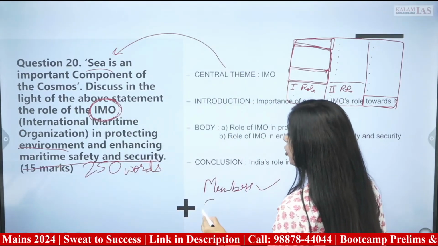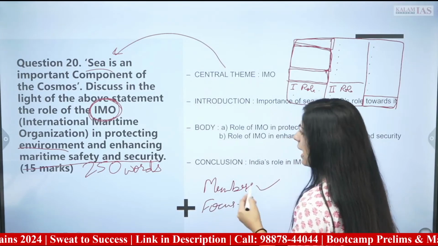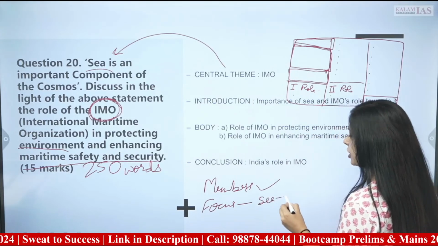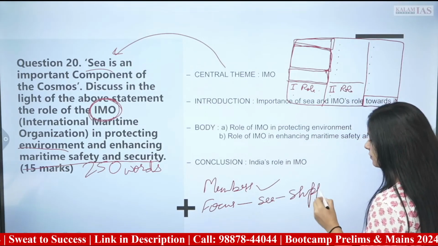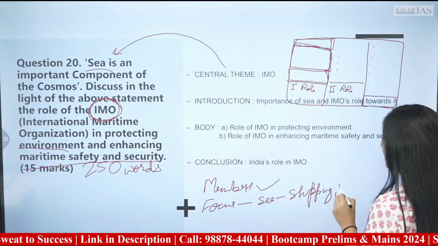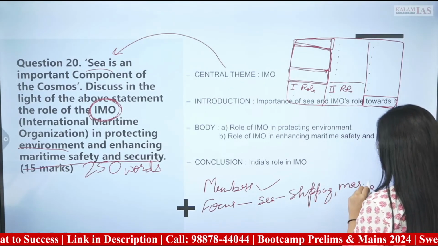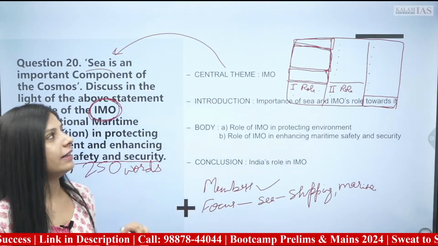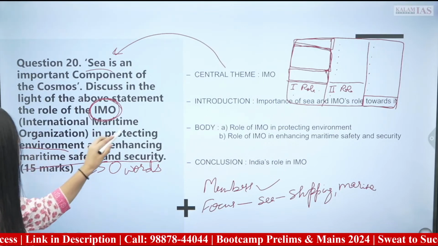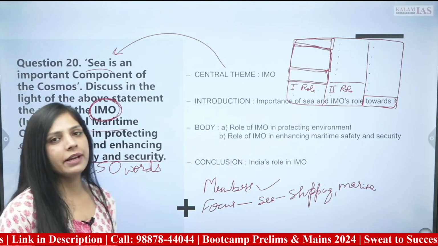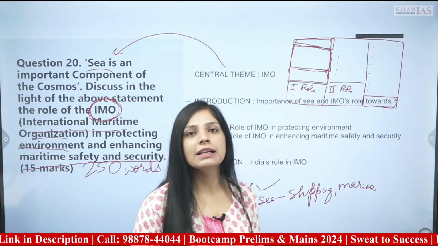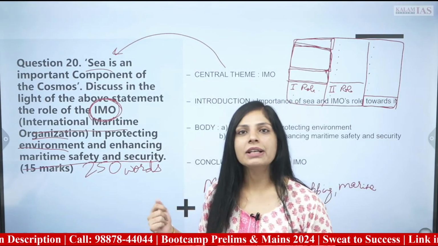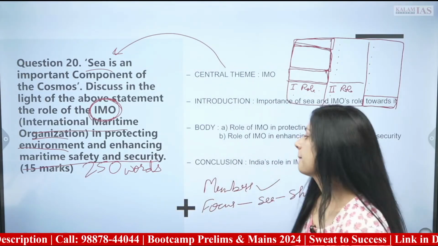Apart from it, the focus areas, IMO is mainly for the sea routes, shipping industry you can say, or marine ecology, maritime security, all these are the focus areas of IMO, right? From the name also it can suggest International Maritime Organization. It would be focusing upon the marine ecology, right? It would be focusing upon protecting these areas for better trade prospects, right?